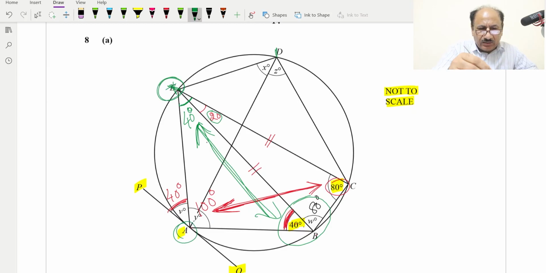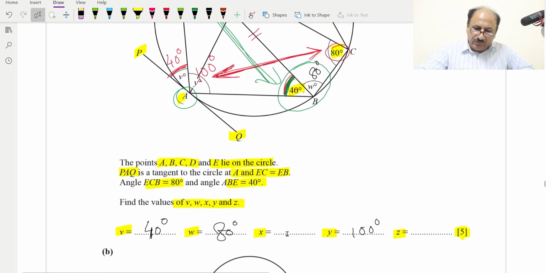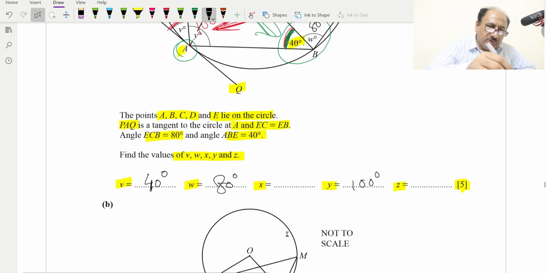On this arc there are two angles at the top. One is this X, and the second is this 40 degrees. These angles will be equal, so X is equal to 40 degrees. We can mention over here X is equal to 40 degrees.